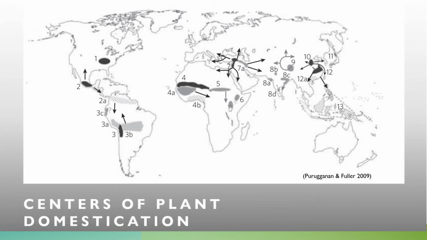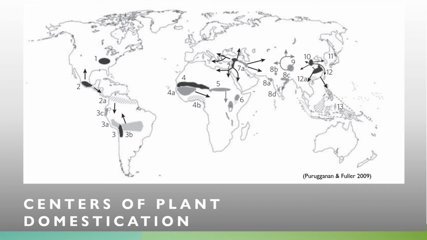Considering centers of domestication, it is interesting to note that the equatorial humid tropics are generally not indicated as primary centers where crops were taken into domestication, but rather as regions into which agriculture spread from adjacent centers. The basic map that you see here goes back to Harlan and Vavilov, but has been further developed by Fuller and colleagues.